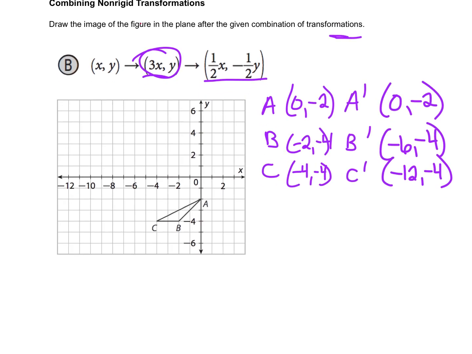And if I graph that, A prime stays here. -6, -4. B prime goes here. And C, -12, -4. C prime goes over here.